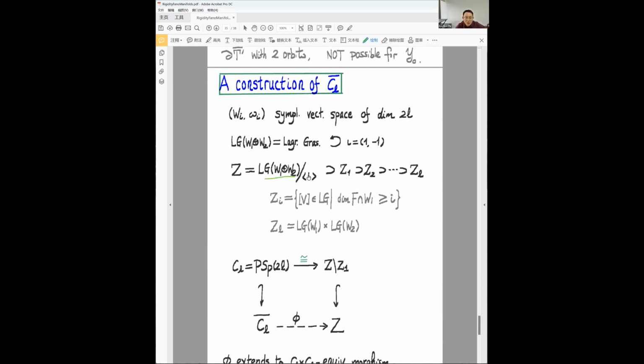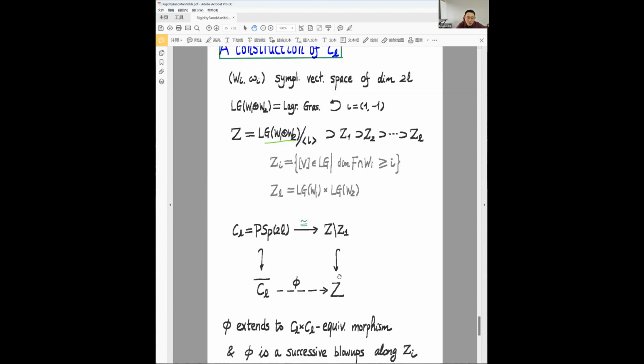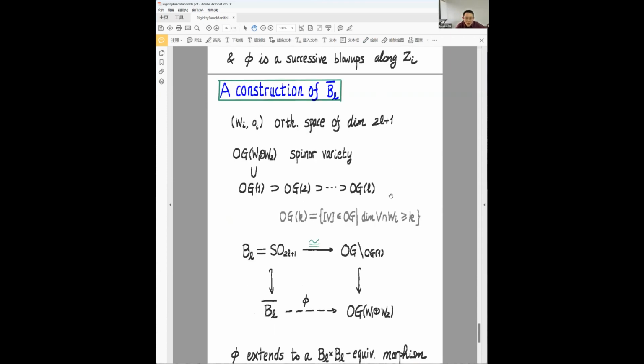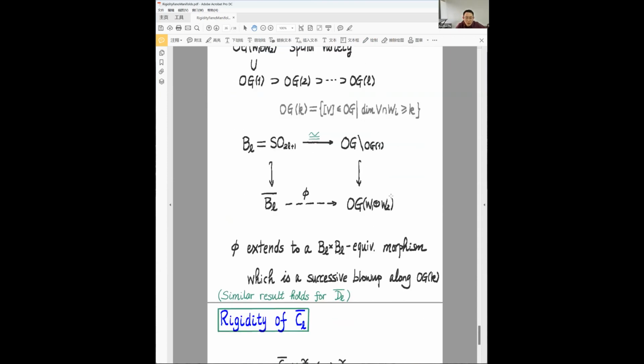So this is like the complete quadrics, where you mod out by some involution. So this is a singular variety, and then you successively blow up this one. Finally, you get a smooth variety, which gives you the wonderful compactification. And similarly for type B or type D, we have a similar construction.